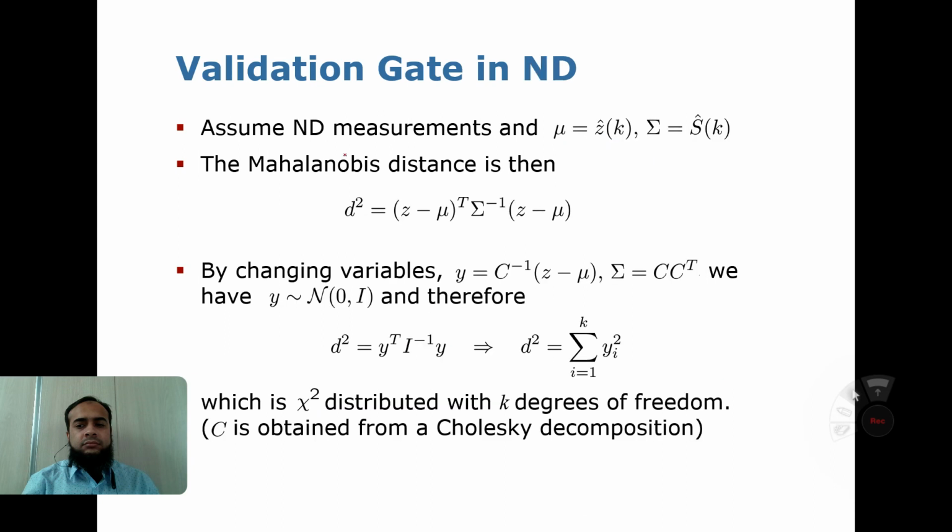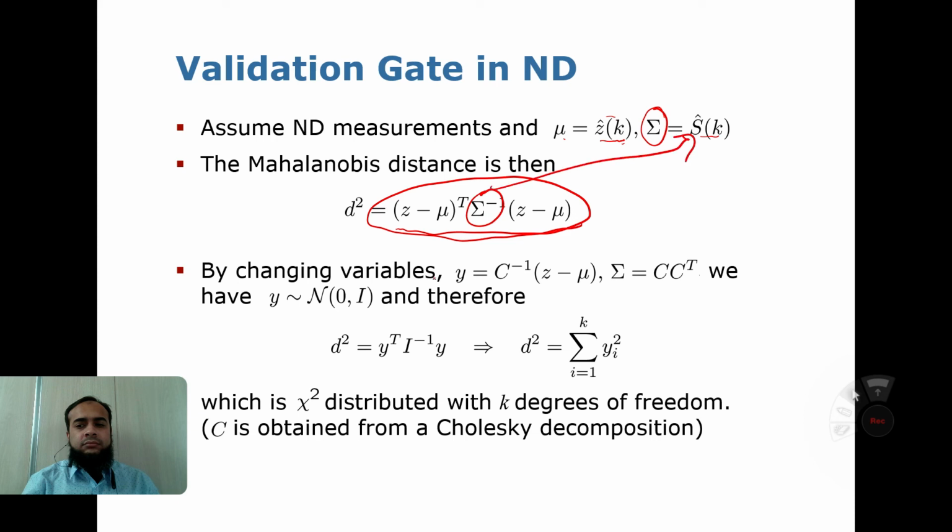Assume an n-dimensional measurement, where the mean value is zk and, because we are considering n dimensions, the sum of standard deviation is Sk. The distance is the same as here, but we replace it with the sum for the n-dimensional measurement.